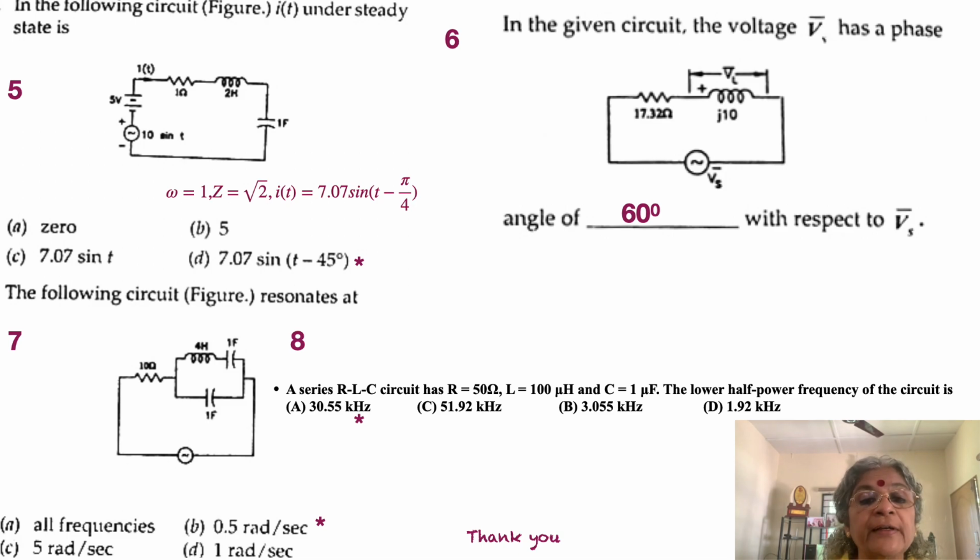T minus 45 degrees. Why 45 degrees? Because the impedance has two components. One is the resistor, which is equal to 1 ohm, and the reactance is also J1, is also 1 ohm. So definitely the angle is going to be 45 degrees, and it is lagging. Why? Because the inductive reactance is predominant, which is 2, whereas the capacitive reactance is only minus J1.